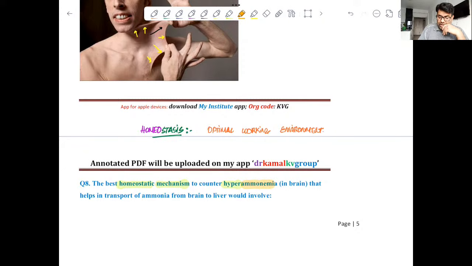hyperammonemia in brain? And this is actually because of transportation of ammonia from brain to liver. So suppose if this is brain, and if there is ammonia here, now this ammonia is very toxic. Clear?